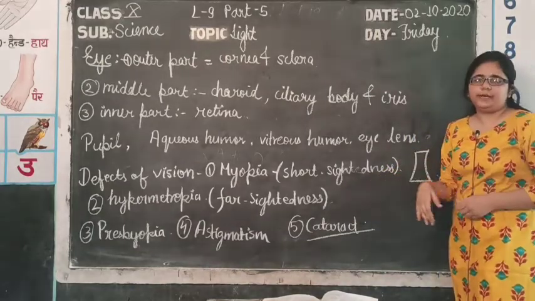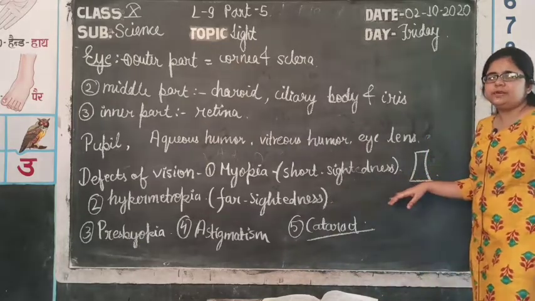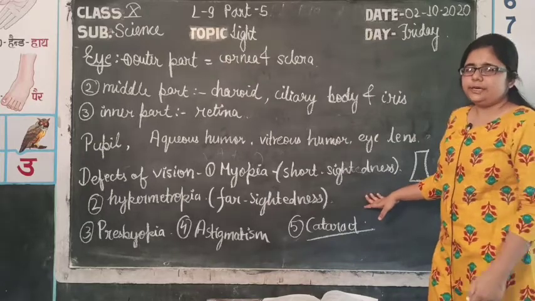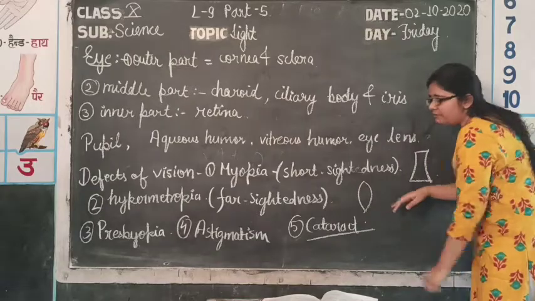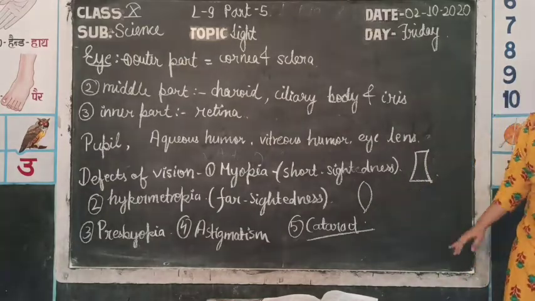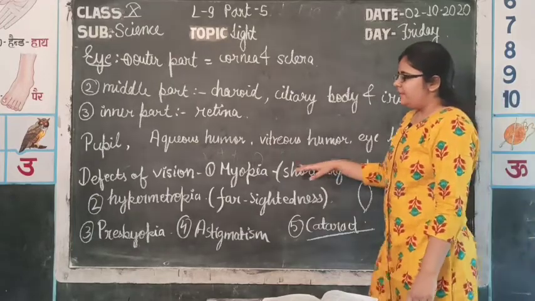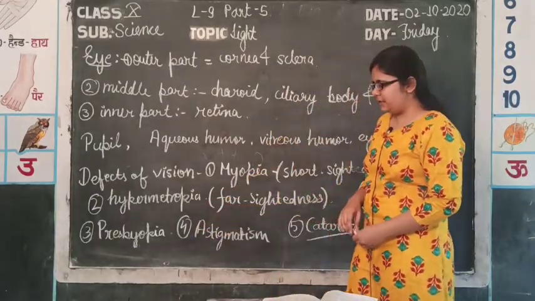In this kind of defect, the image forms behind the retina, as the rays converge later. So for converging them exactly on the retina, we use convex lenses. These are converging lenses which will converge the incident beams exactly on the retina. So this is hypermetropia, in which convex lenses are used for treatment.